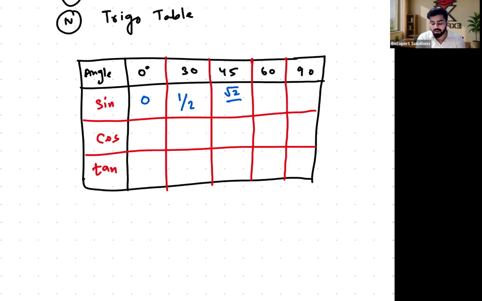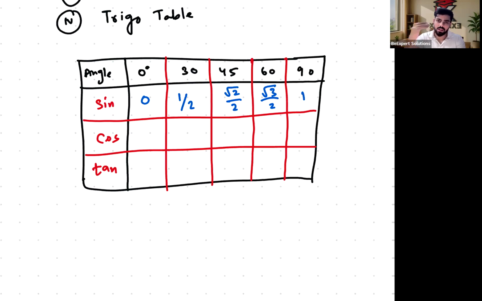At 60 degree, it is root 3 by 2 here specifically, and this is 1. These are the values of sine. Sine 0 is 0, sine 30 is 1 by 2, sine 45 is root 2 over 2, which is the rationalized value of sine 45. Then 60 is root 3 by 2, and then 90 is 1.